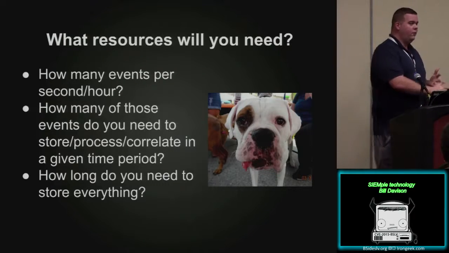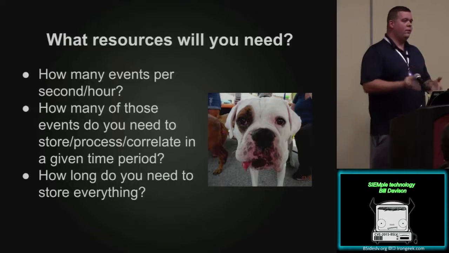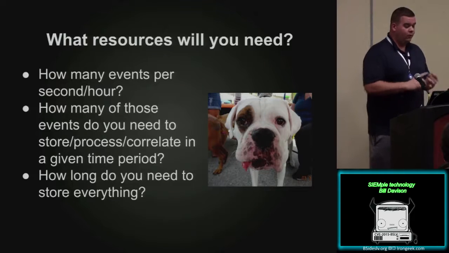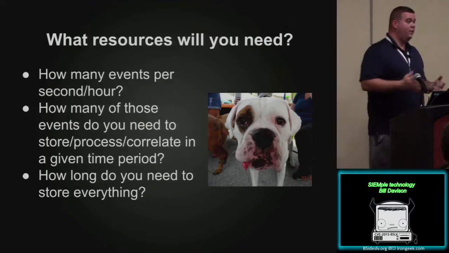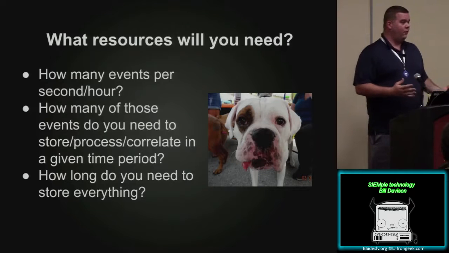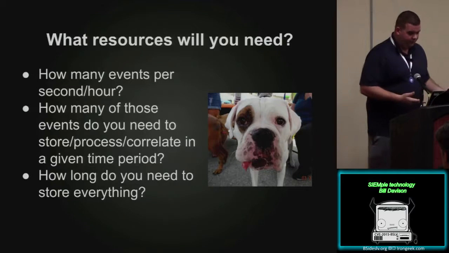As part of those events per second, you also need to know not just what's coming in, but also which ones you need to process, which ones you need to correlate. Some of them you might just need to log and store away without doing anything for them for auditing purposes.